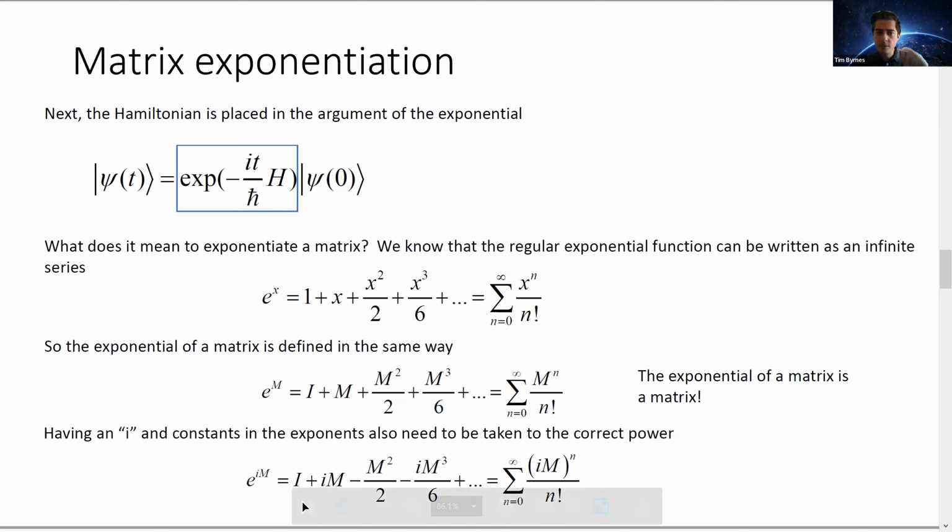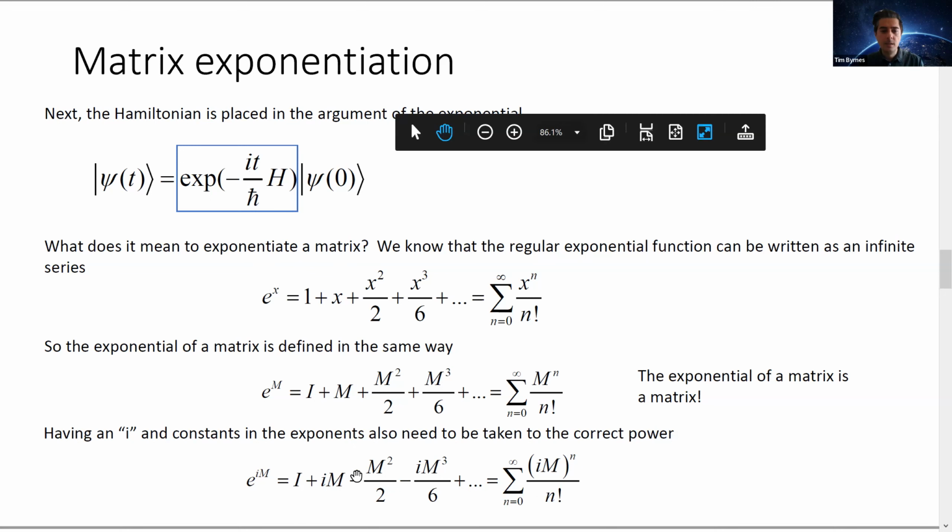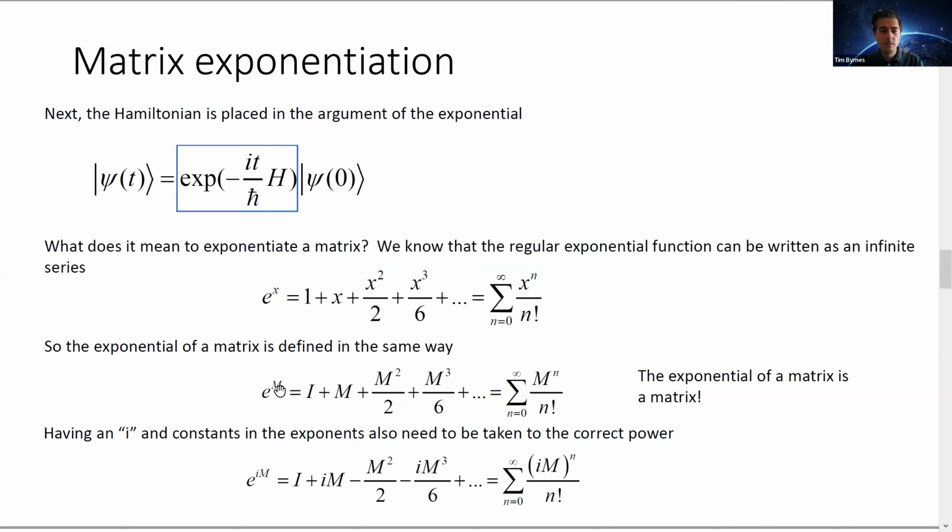But if you've got this i here, what it does is it introduces i's into the powers here, because here you've got M, but here you've got (iM) squared, and i squared is minus 1. Here you're going to have i cubed, which is minus i, and so forth. So you can see that all the odd terms have an i for the M, and all the even terms have just M.